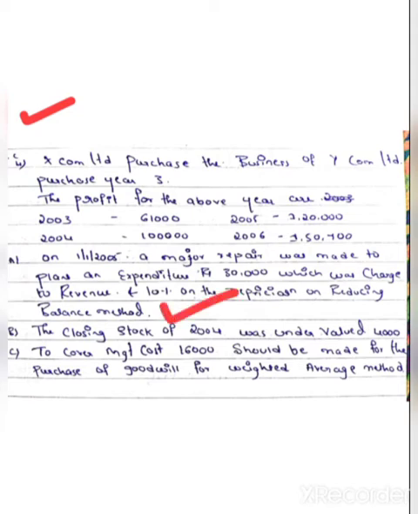Next, the second point: the closing stock of 2004 was undervalued by rupees 4,000. Undervalued 4,000, so you calculate it on an overvalued basis. Next, the third point: to cover the management cost, rupees 16,000 should be made for the purchase of goodwill, for the weighted average method.